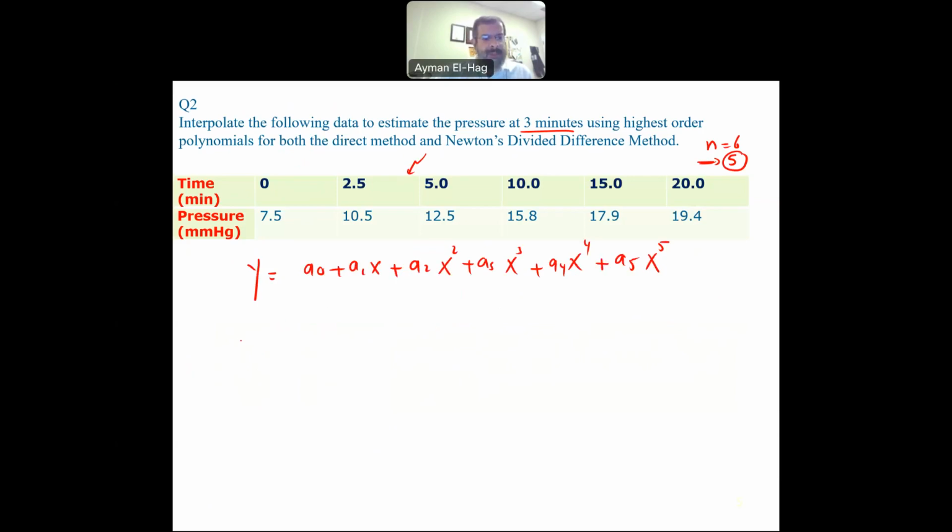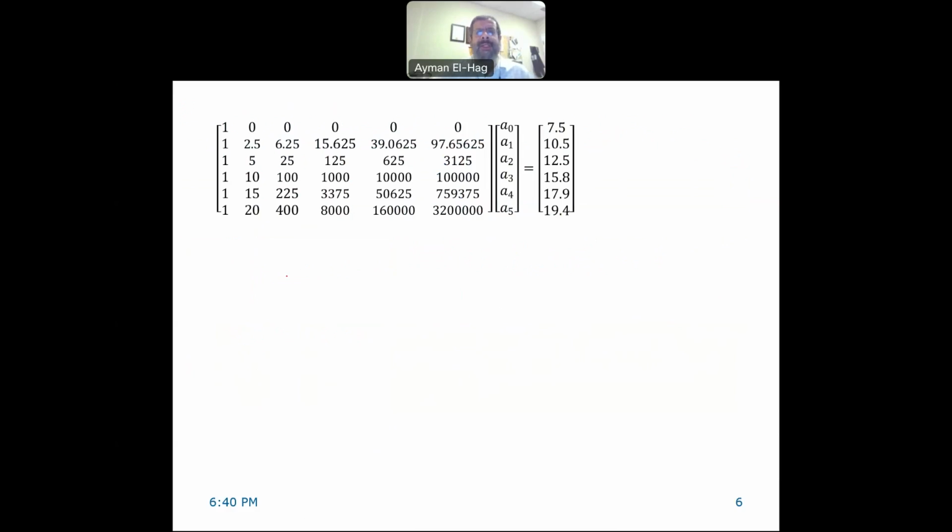If you, for example, start with the first point here, 7.5 is equal to a0 plus everything else 0, because all the x's will be 0. So 7.5 is equal to a0. And then you can substitute the second one and so on and so forth. So you will get this system of equations. Okay, now solving this again, we'll use the Gaussian elimination.